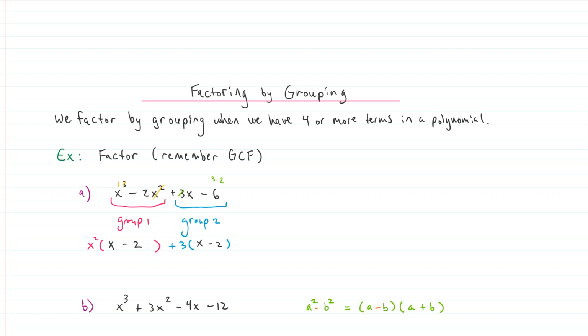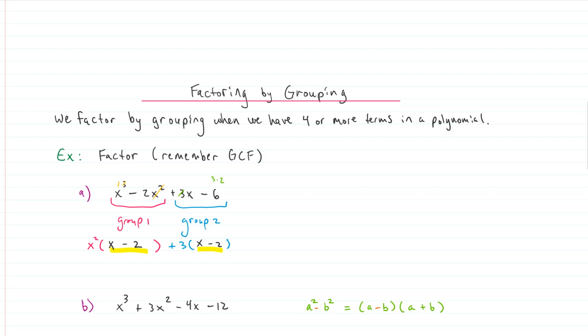And check that out. This is exactly what we wanted. Once we pulled the common factor from group 1 and group 2, we saw something. It kind of uncovered another common factor, which was the x minus 2.